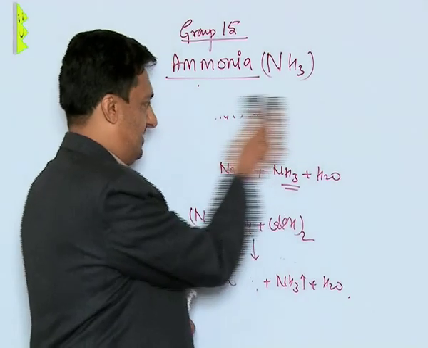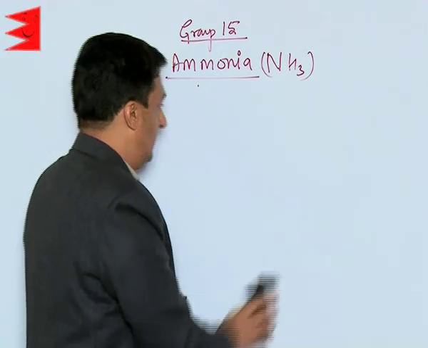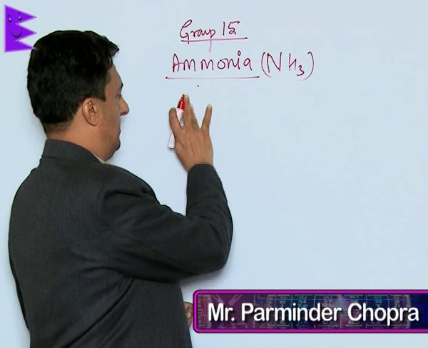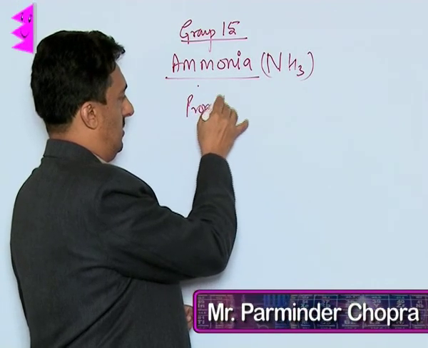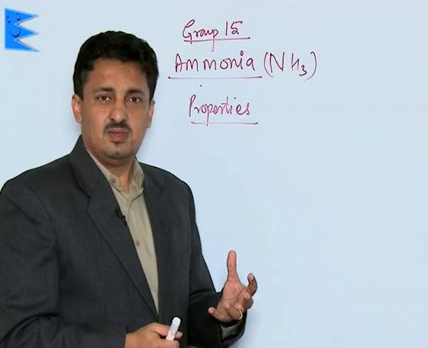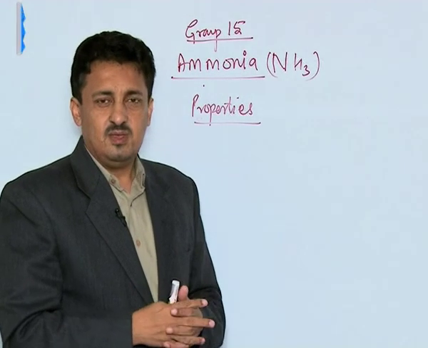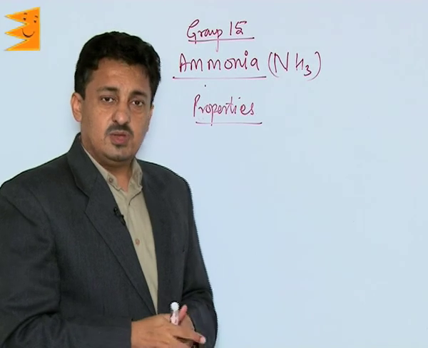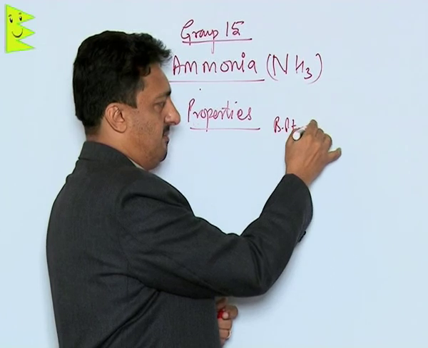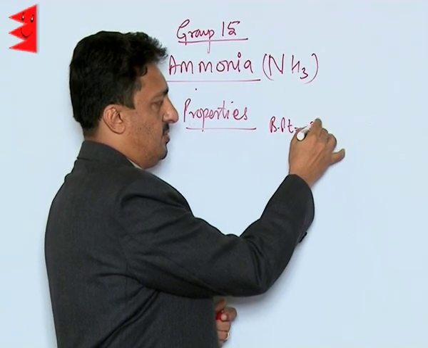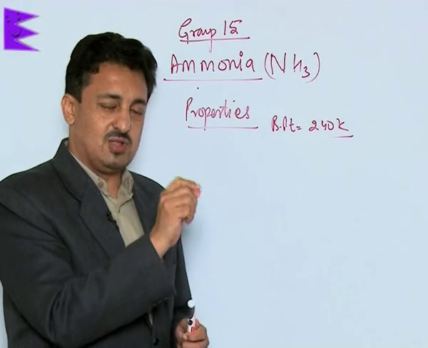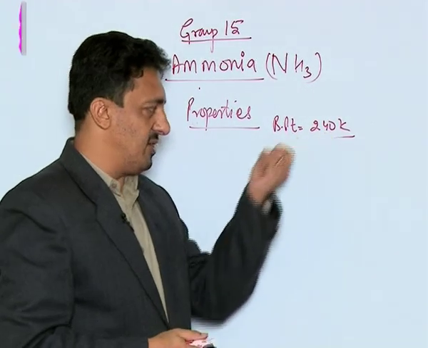Now let us discuss its properties. Ammonia is a colorless, pungent smelling gas which has a boiling point of around 240 Kelvin. It's actually 239.5, so we regard it as 240 Kelvin.